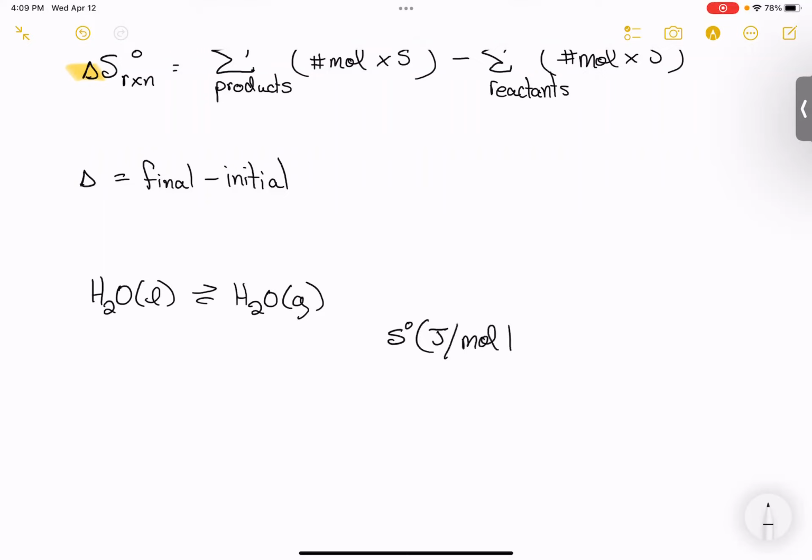By the way, that little circle I keep drawing up at the top means in standard state. For water in liquid form, it is 70. For water in gas form, it is 188.8.